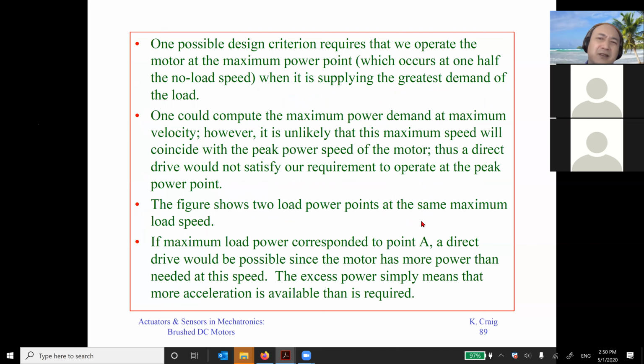It's difficult to always maintain the power at the maximum point. This is called MPP, maximum power point. But this only says that we have the peak power that can be provided.